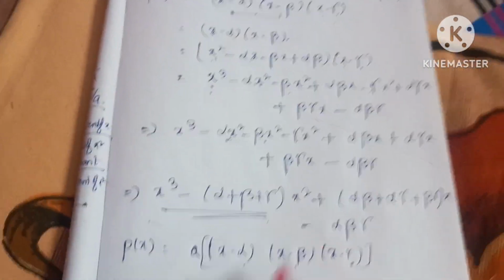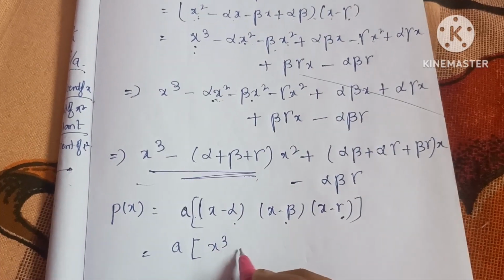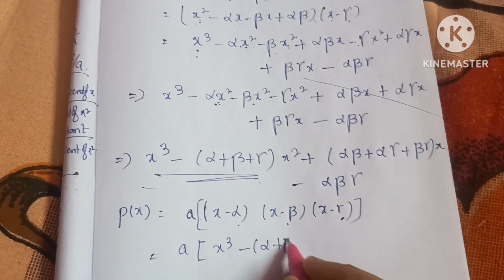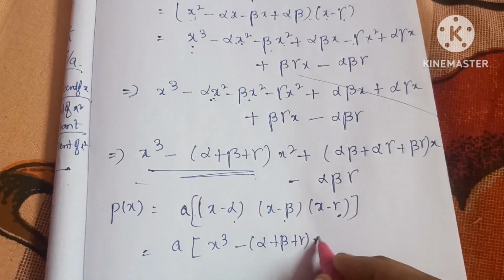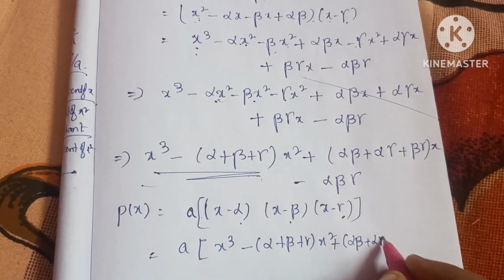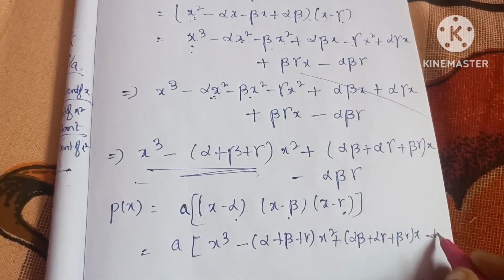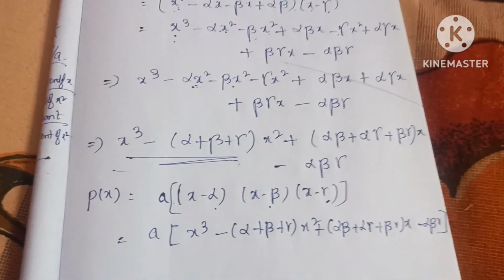Now what is this total? x minus alpha into x minus beta into x minus gamma. This one only. So you have to substitute here: x cube minus alpha plus beta plus gamma into x square plus alpha beta plus alpha gamma plus beta gamma into x minus alpha beta gamma.